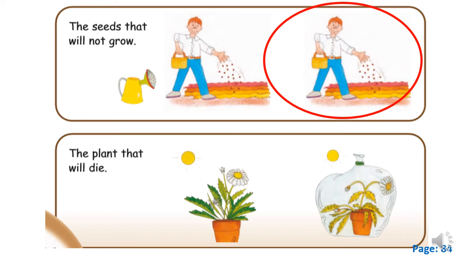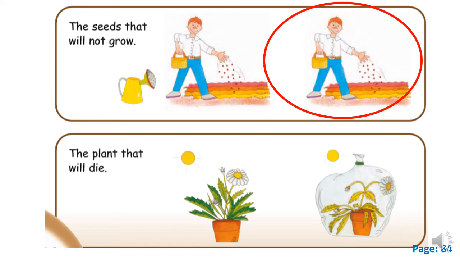The first one takes the air, but the next one is covered by the bag. So, does this plant get the air? This plant doesn't get the air from the outside environment. So, which one will die? With air or without air?